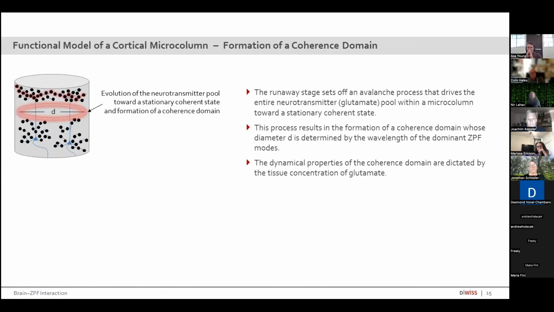And if this is the case, that means if the concentration is high enough and this initial runaway phase is triggered, then a process takes place that drives the entire neurotransmitter pool within the microcolumn toward a stationary coherent state.